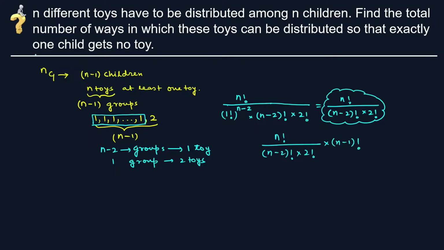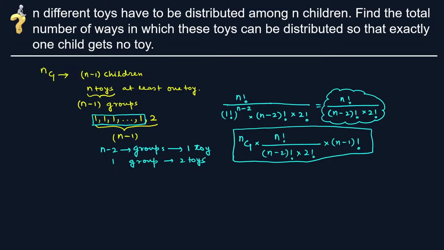Now, one child is getting no toy. In how many different ways can you select that child? It is nC1. Therefore, the total number of ways in which these n different toys can be distributed among n children such that exactly one child is not getting any toy will be this. Are you getting the point? Why did this nC1 come? Because I have to first select which child is not getting any toy, and that can be selected in nC1 different ways.